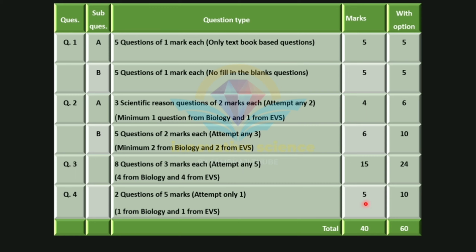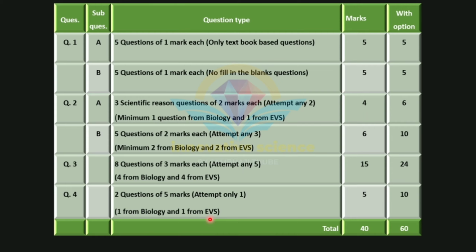In the end, the total marks for this paper will be 40 marks, and with options 60 marks. Give attention here, students. In each question, biology and environmental science have equal weightage.